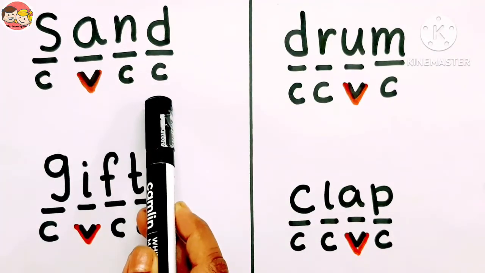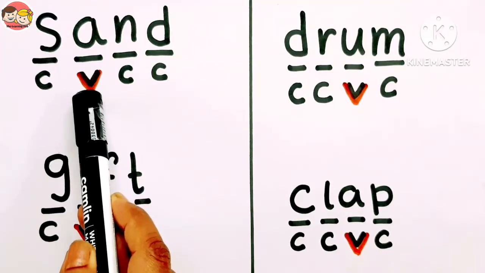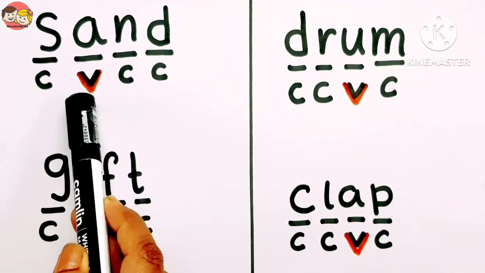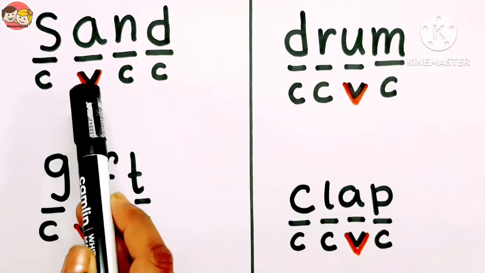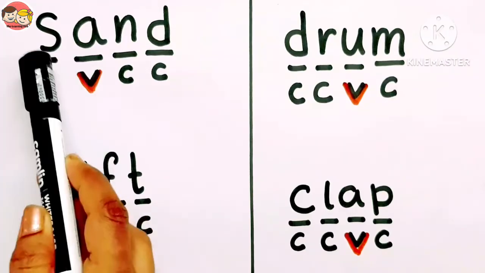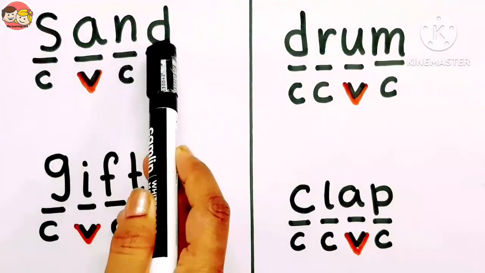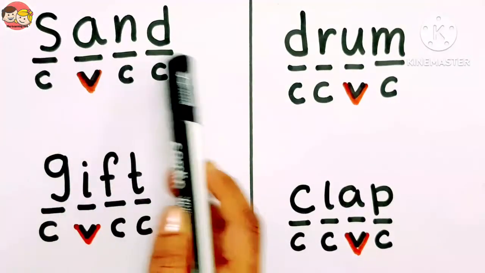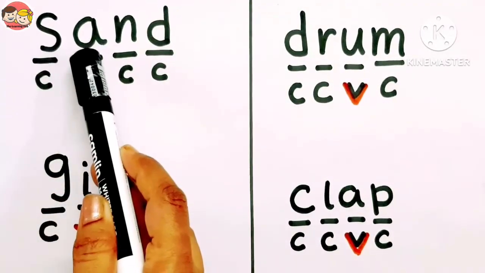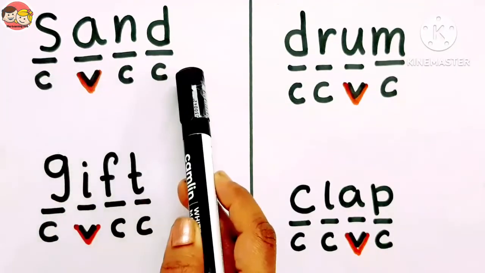So here only one vowel is there, that is A. So the sound is going to be short. So let's sound it out. S, A, N, D, sand.